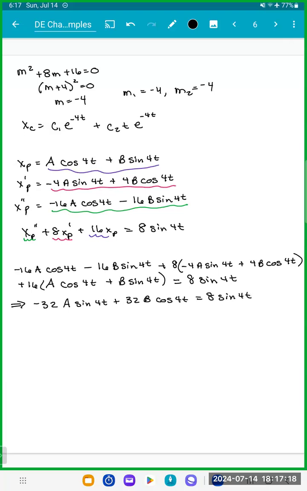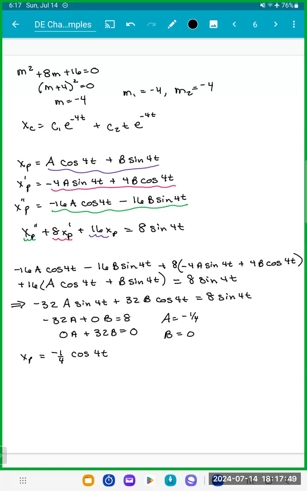Really, that was just from simplifying all of that from above. So we can say that -32a plus 0b is equal to 8, and 0a plus 32b is equal to 0. Therefore, a equals -1/4 and b will equal 0. So our x sub p is equal to -1/4 cosine of 4t.